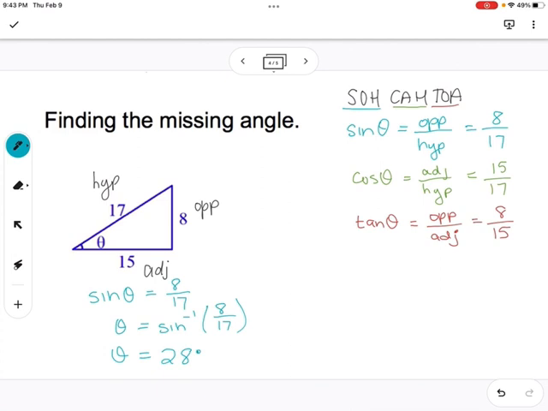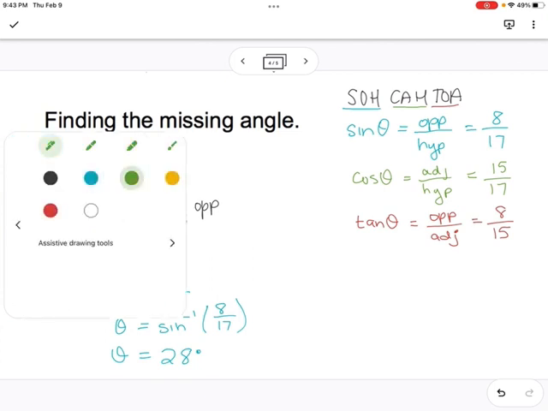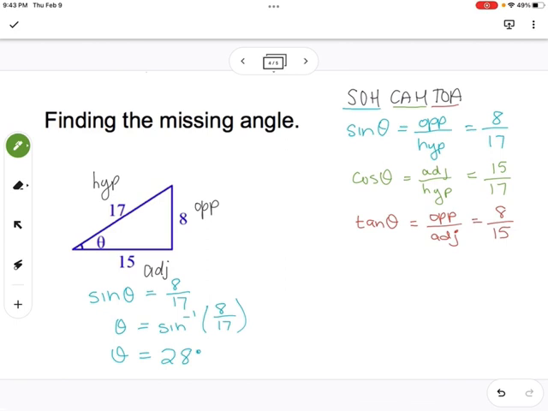Okay. So I'll show you that for the other two ratios as well. But since we're still solving for this theta, we should be getting 28 degrees every single time we calculate it. It's just that there's different ways to find the answer. So the next one is the cos theta equal to 15 over 17.